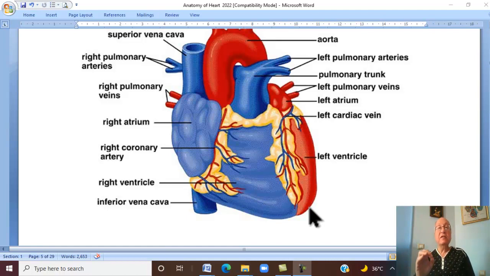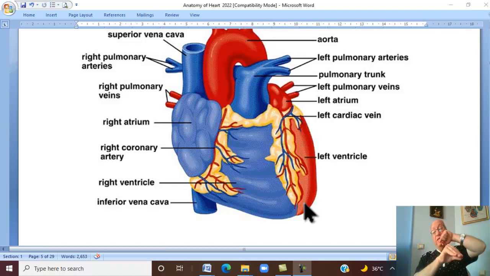The axis of the heart is an imaginary line extending from the base posteriorly to the apex anteriorly. The base is the posterior surface and the apex is directed anterior and to the left.